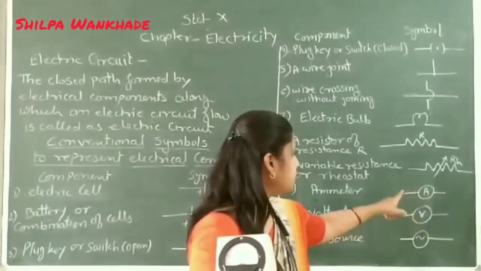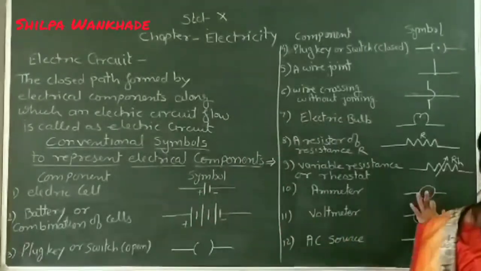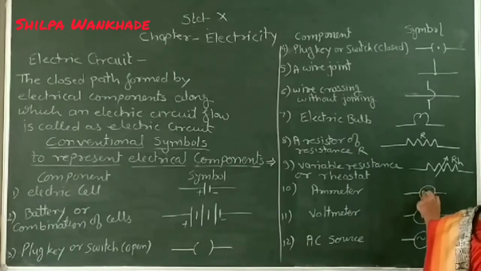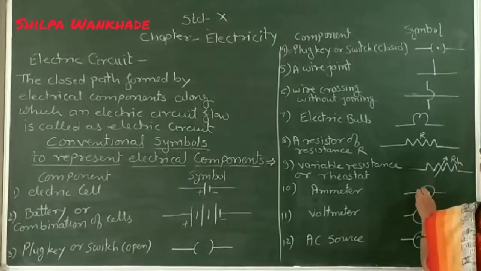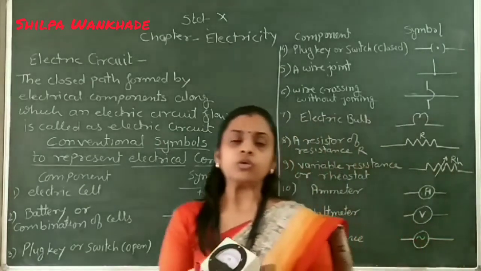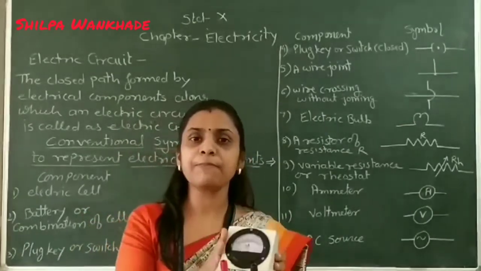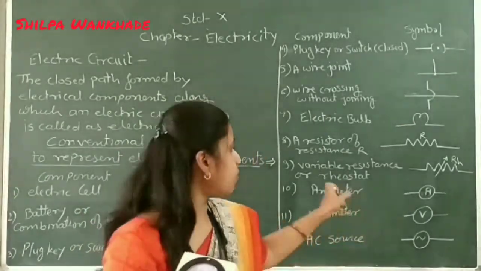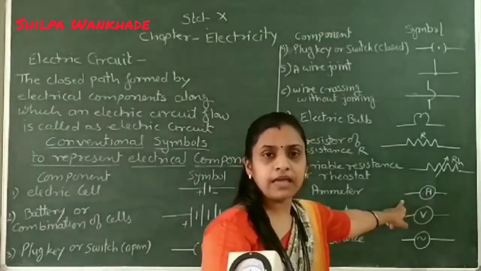If it is an ammeter, then we can simply show it with A. Though it measures ampere or milliampere, we can write accordingly here, but the ammeter is represented by this symbol.